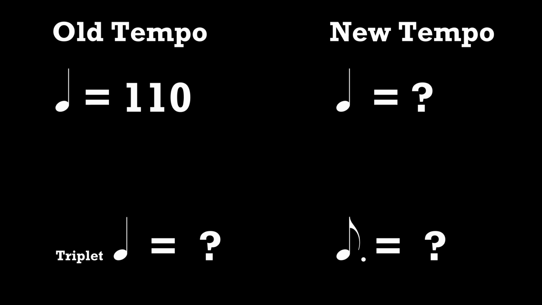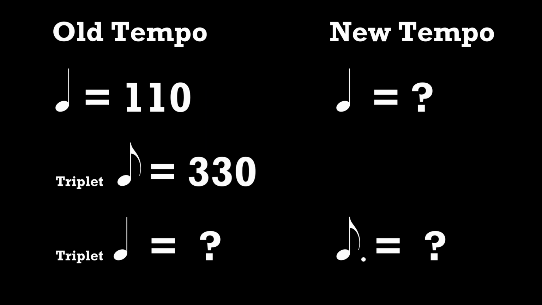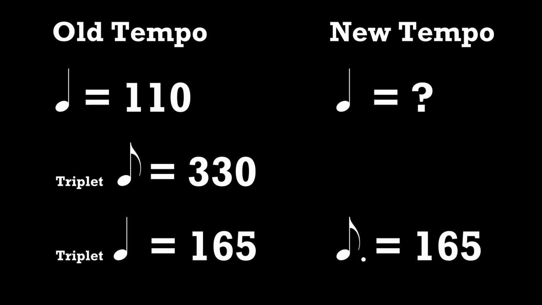The simplest way to get there would be to multiply 110 by 3 to give us the number of triplet eighth notes in a minute, which would be 330. Then divide that by 2 to give us the number of triplet quarter notes in a minute, so 165. Because the triplet quarter note in the old tempo is equal to the dotted eighth in the new tempo, we know we have 165 dotted eighths per minute in the new tempo.